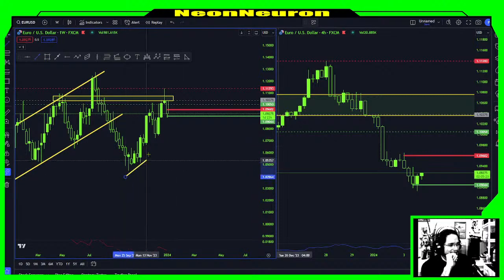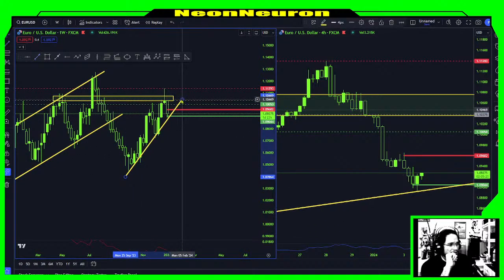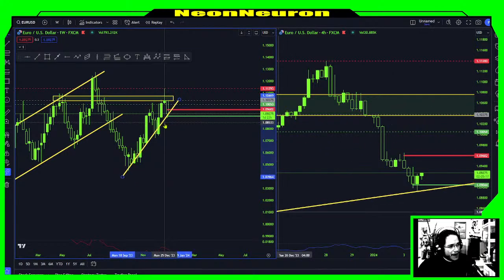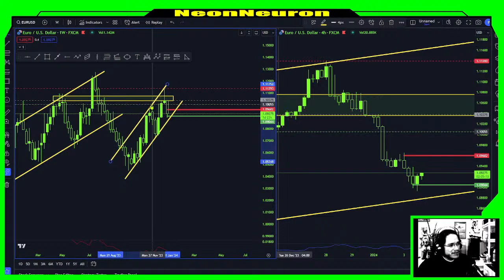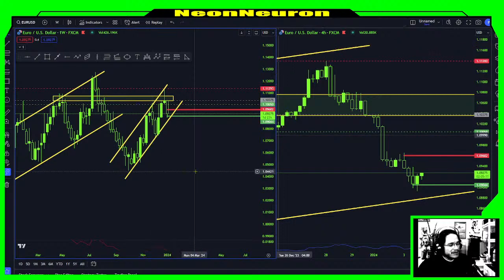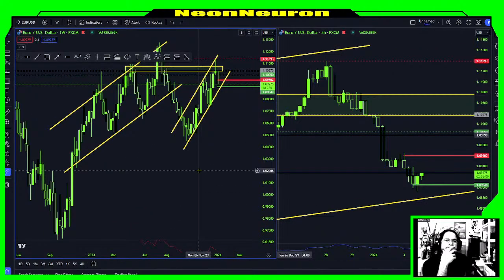So let's look at this. We got a channel right here on the higher time frame, which is the weekly, but you can also see it happening right here. And what I like about the market is the fractal nature of the market. There's something magnificent about it, something glorious, where there's a repetition to it. There's a pattern, but the pattern changes ever so slightly over time.